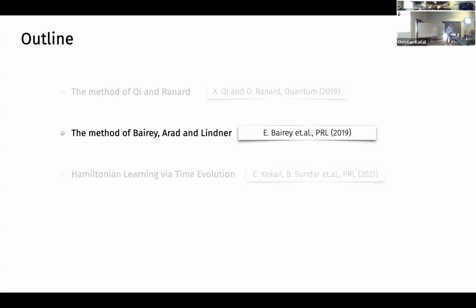So the second method was proposed by these three gentlemen over here, and this method can be summarized in one word: the Ehrenfest theorem. You all know the Ehrenfest theorem. If I compute the time dependence of the expectation value of some observable A, it is equal to minus i times the expectation value of the commutator of this observable with your Hamiltonian.